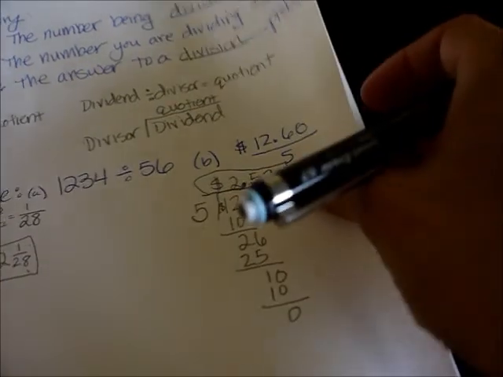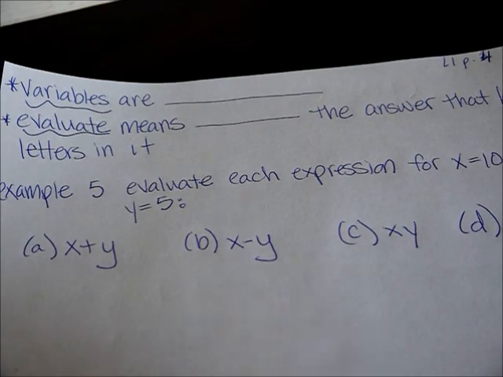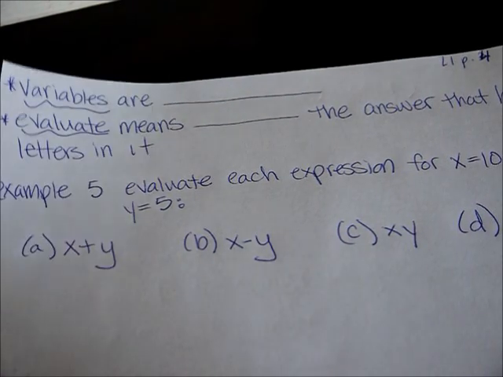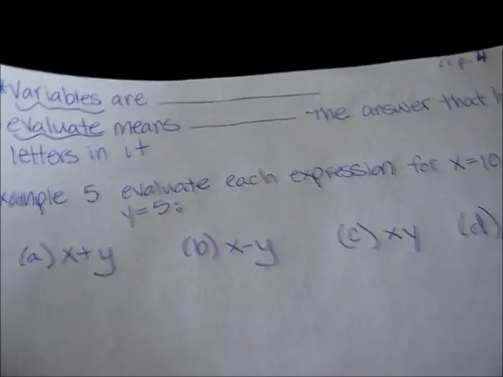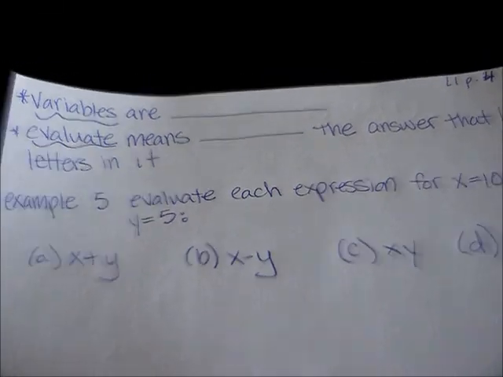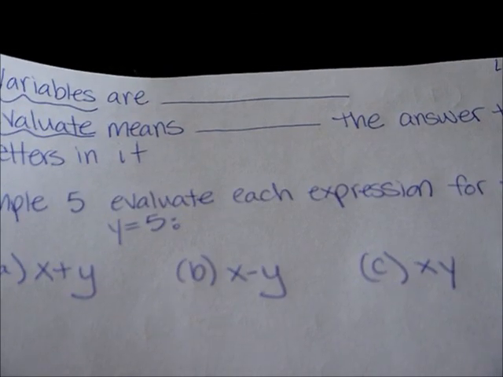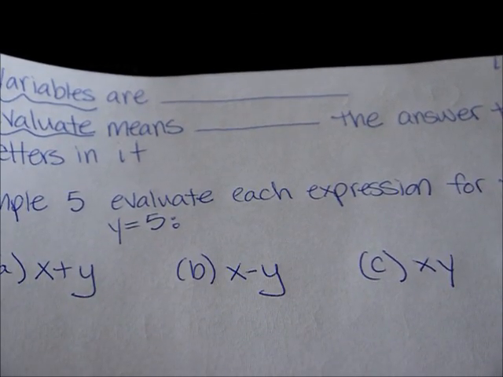All right, we're almost done with this lesson. We just have another concept I do believe we talked about in 7.6, but let's just review it. Variables are letters or symbols that represent an unknown number. So it means we don't know. So rather than putting a question mark, we use letters, okay?